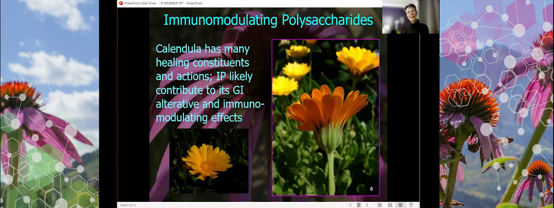And that's important, to keep going back to the context of the herbal matrix, right? Because when we focus in on a particular group of constituents, oh, the immunomodulating polysaccharides, we just tend to maybe get a little tunnel vision there. And you have to remember, these are working in a plant with possibly even hundreds of active constituents.